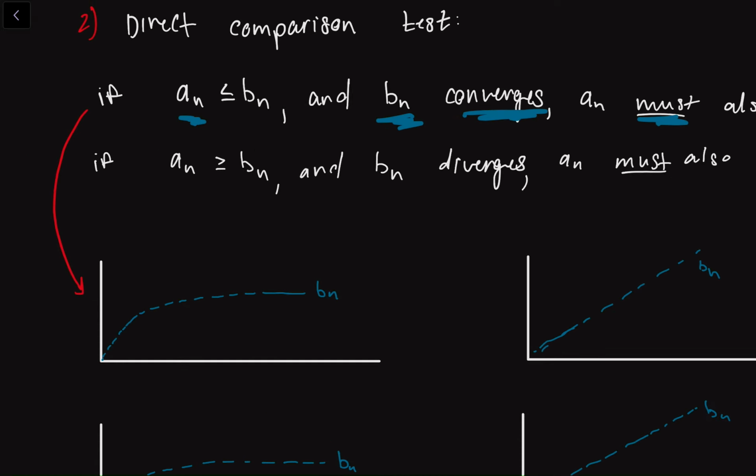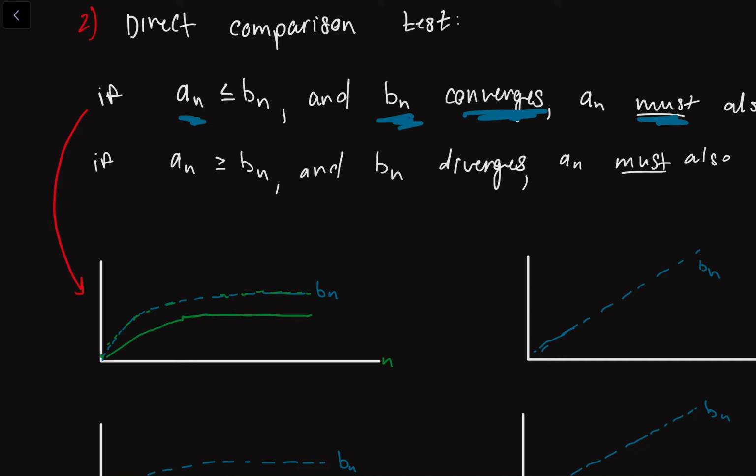B sub n converges, which means it's approaching a finite number, right? And if a sub n is less than b sub n, it must also converge.